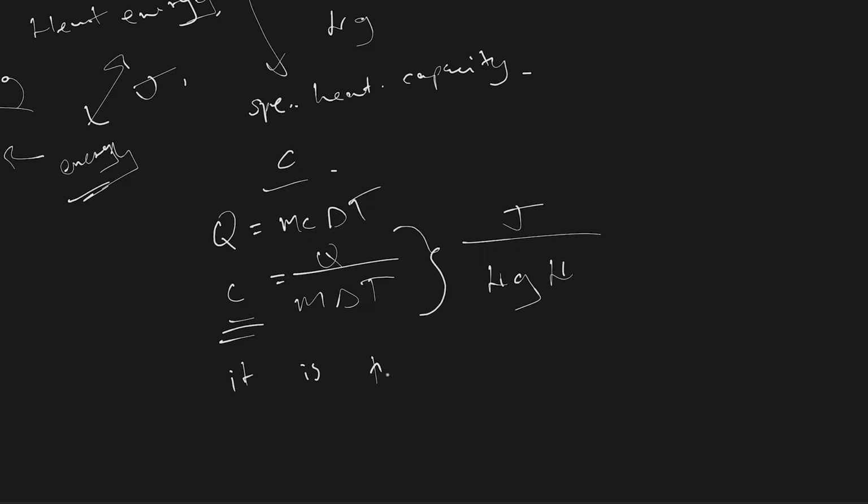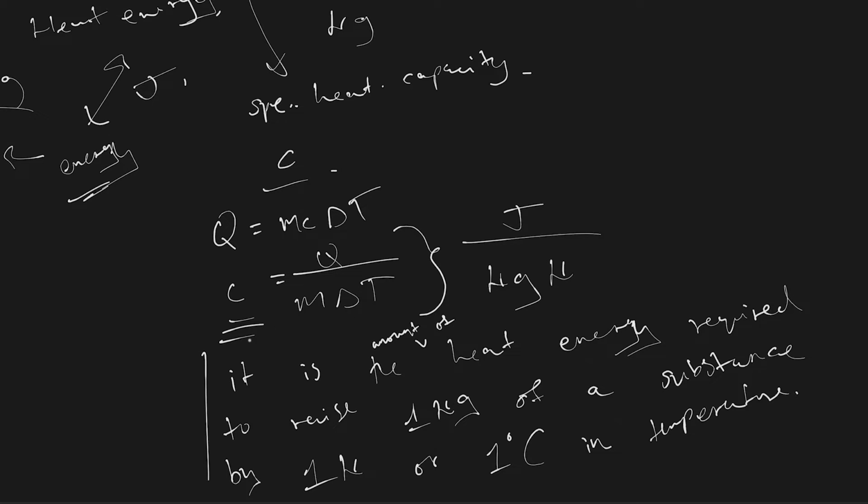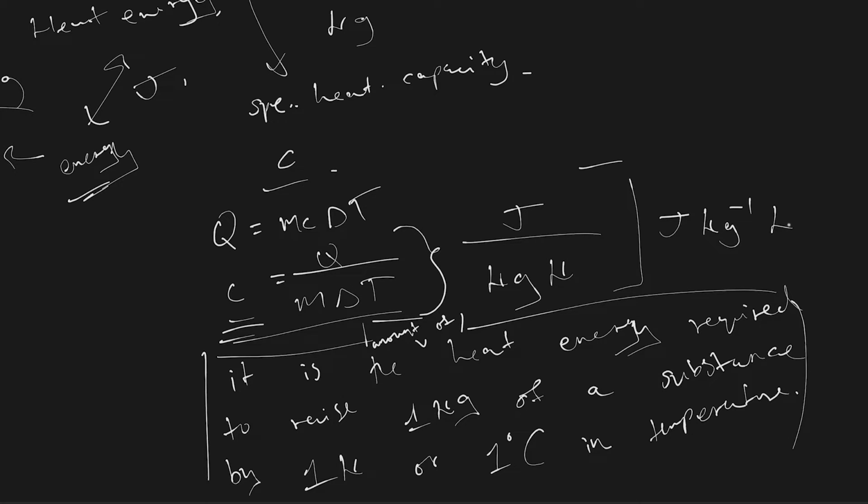Well, it is the amount of heat energy required to raise 1 kilogram of a substance by 1 Kelvin or 1 degree Celsius in temperature. That's what the definition of specific heat capacity is, and we were able to figure that out using the actual equation just by rearranging it. And of course, the units would be joules per kilogram per Kelvin. So that's essentially how you're going to look at the units of specific heat capacity.